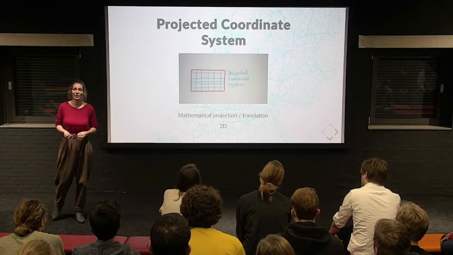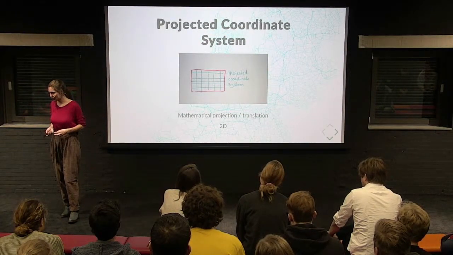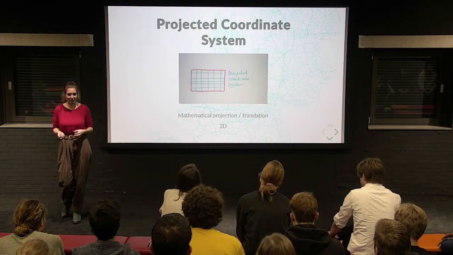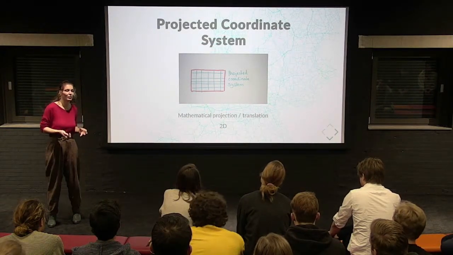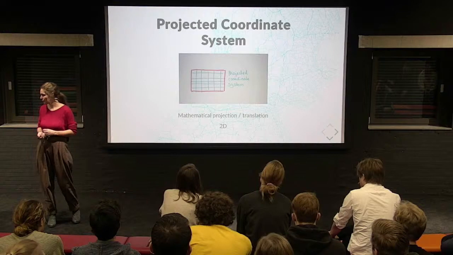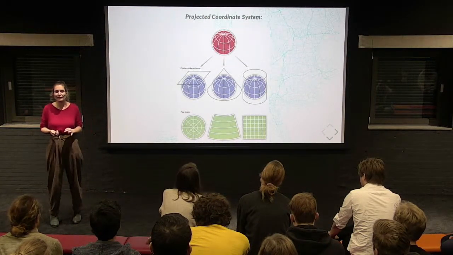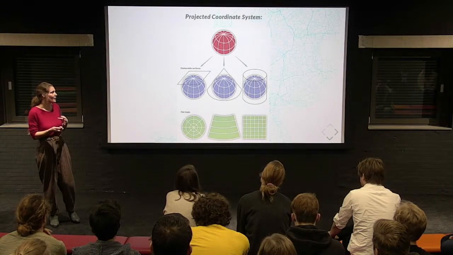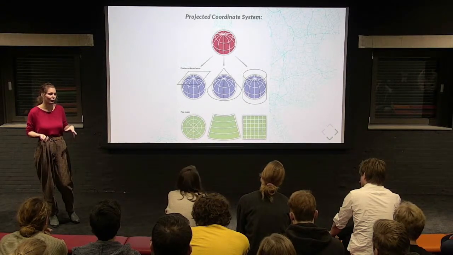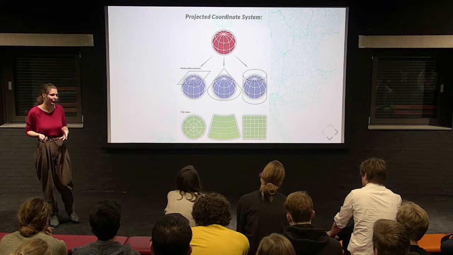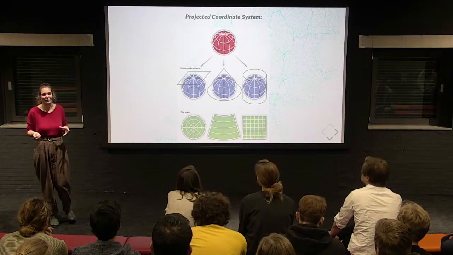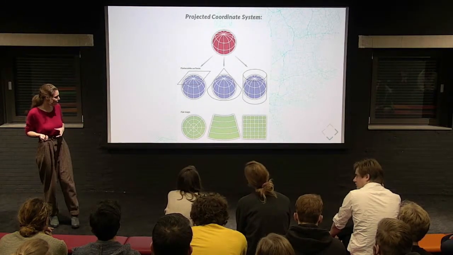This is what we call a projected coordinate system, or a projection. A projection is the mathematical translation from a 3D model to a 2D surface. You can do this in a lot of ways, because making a perfect round shape onto a flat surface is really difficult, and you always have to make compromises on what you're going to show and not.